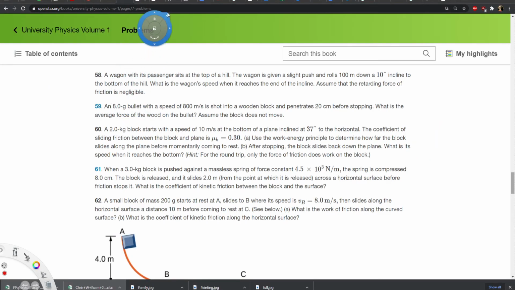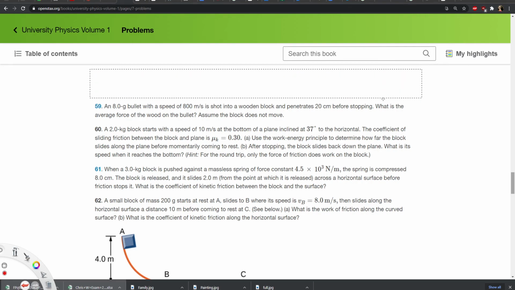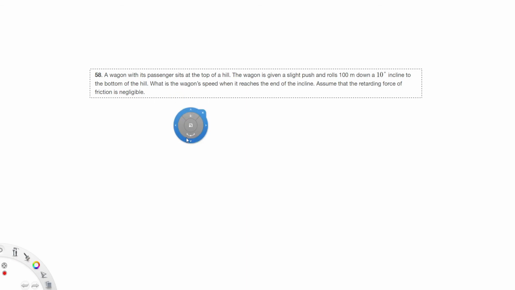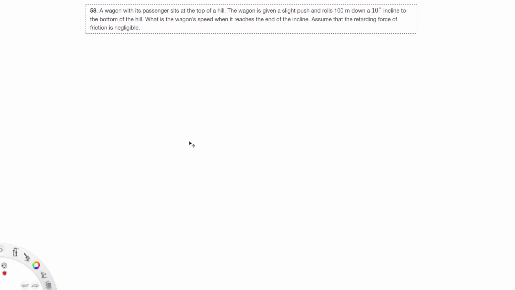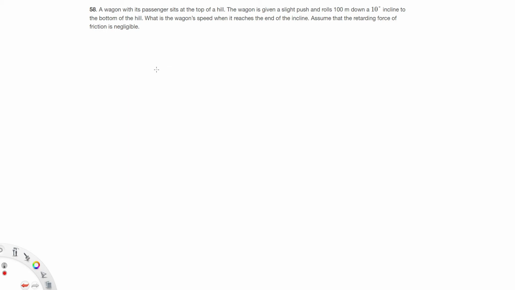Let's look at question 58. Things rolling downhill are another pretty common thing that we will run into, because we already love boxes on ramps, and things going down hills is just a natural extension of boxes on ramps. Let's take a moment and draw this out.